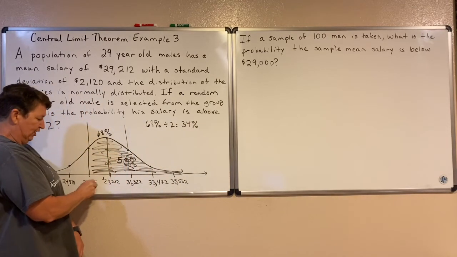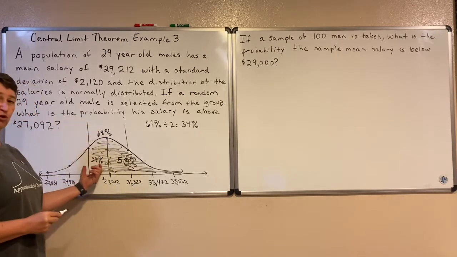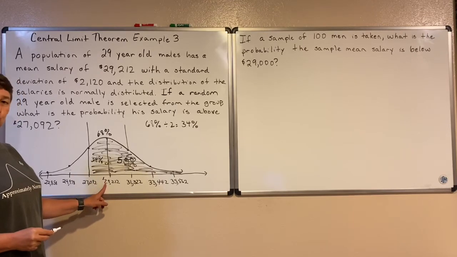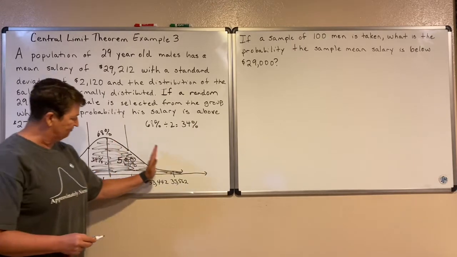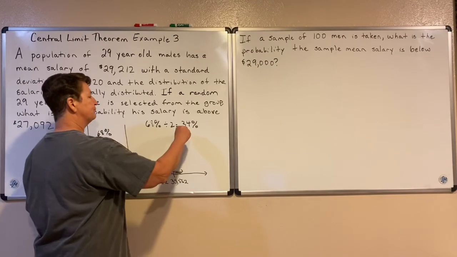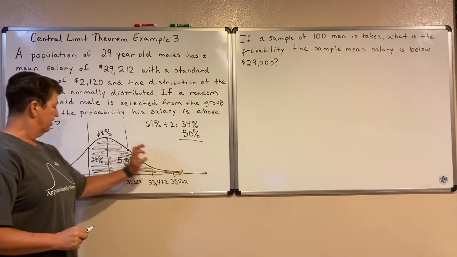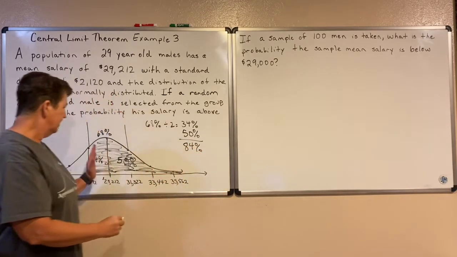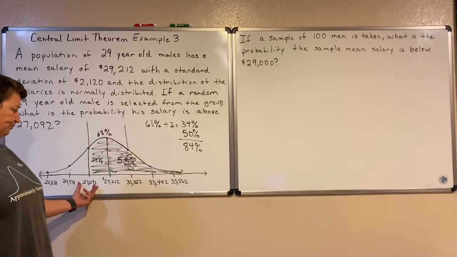That's between here and there is 34% of the area of the curve, or 34% of our data is going to be between 27,092 and 29,212. I'm going to add that to the 50% on top, and I know that this area that I have colored, 84% of our data, is going to fall above 27,092.